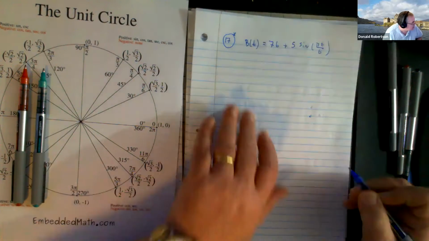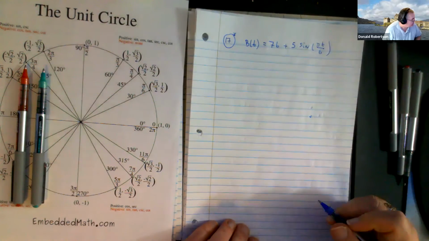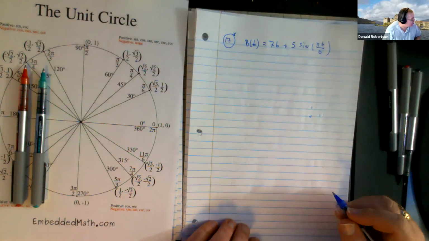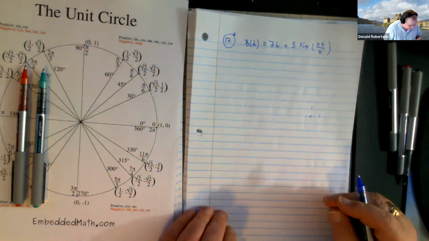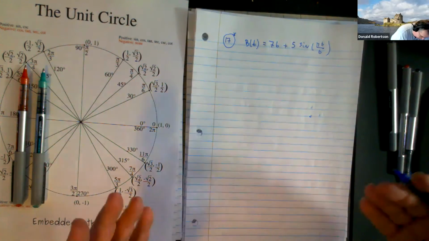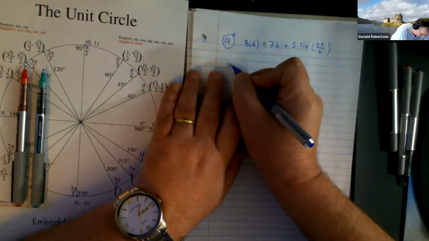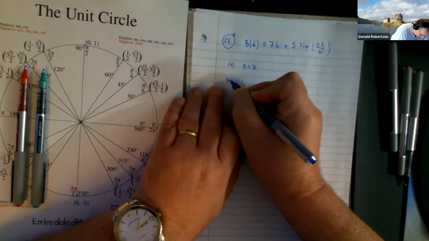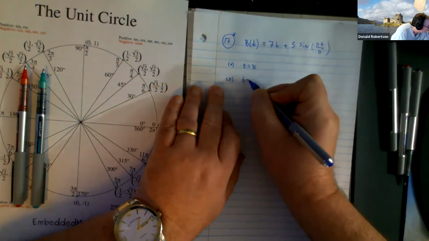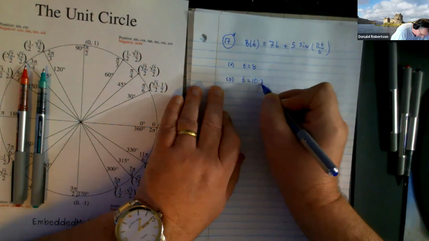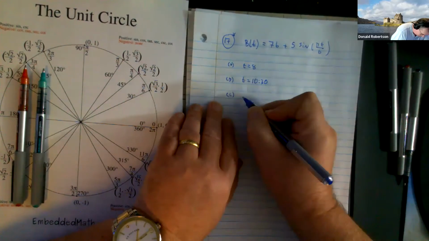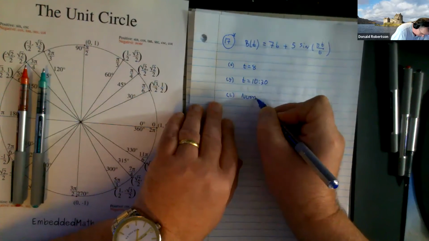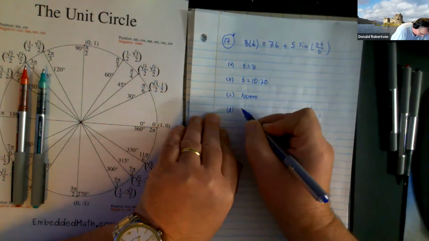Okay. We are being asked to find out what that person's blood pressure would be at 4 times of the day. So the first one is at 8 a.m. And the second one, at least in my question, is at 10:30 a.m. And the third one is noon. And the fourth one is say 8 p.m.